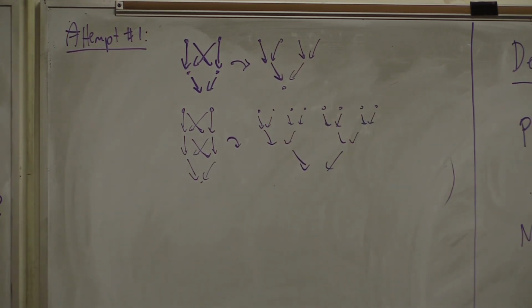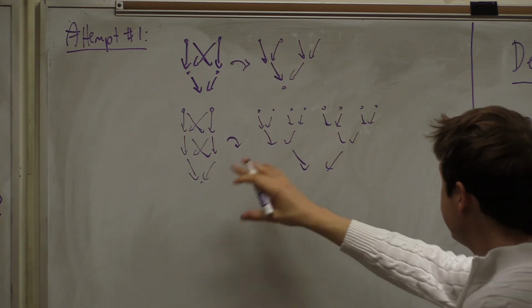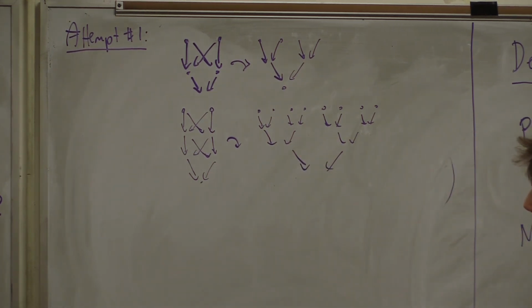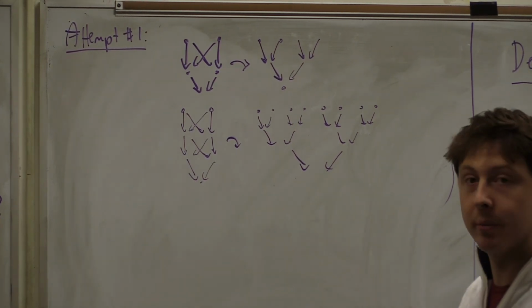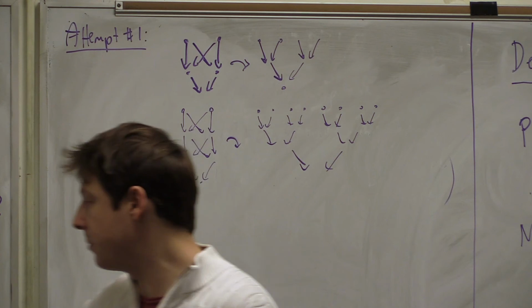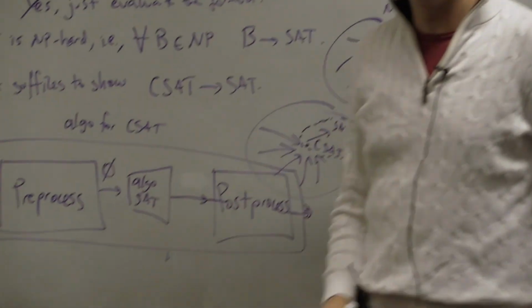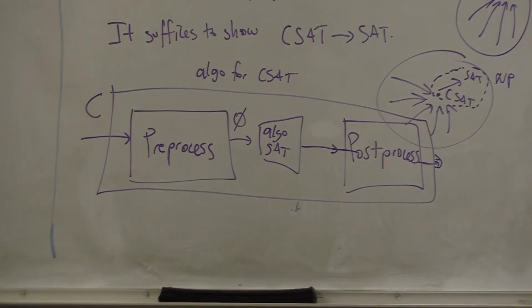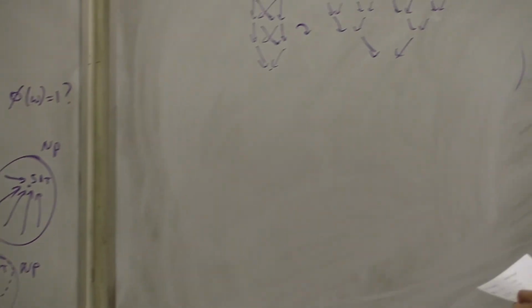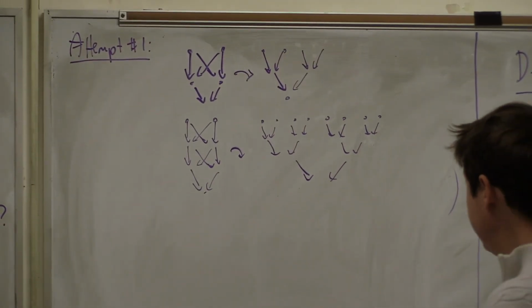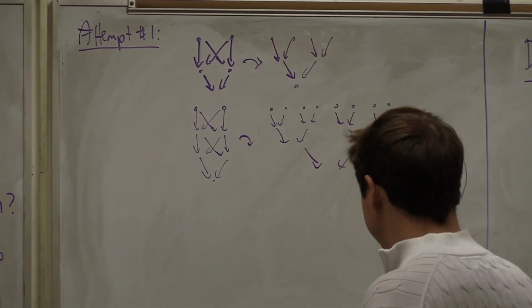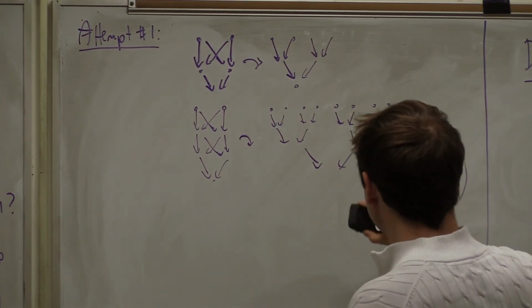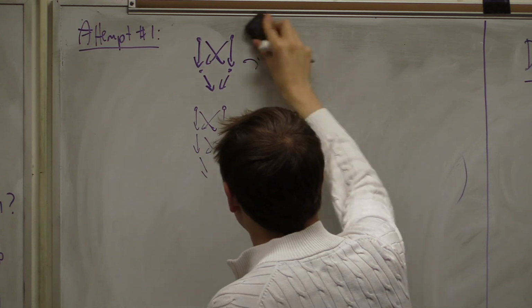If you continue this example, this transformation of naively opening up the DAG into a formula is actually an exponential blow-up. And we cannot afford that, because remember that the pre-processing algorithm has to be efficient. So we cannot just literally open this up into a formula. I'm going to erase this because this was just an attempt.